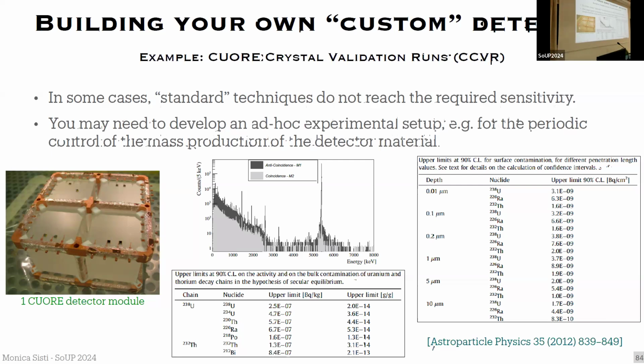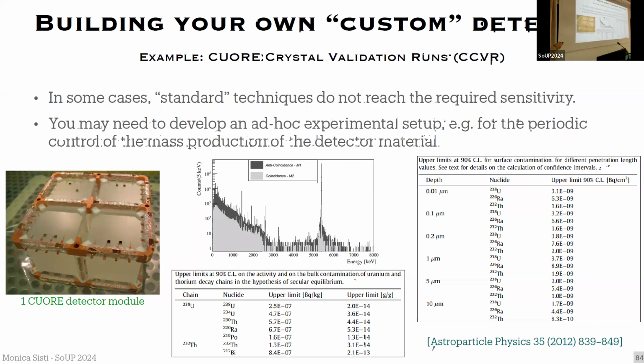We took some samples and measured them as if they were in the final detector, in the same mounting system and in a dedicated cryostat, to measure the surface radioactivity and the bulk radioactivity of the crystal. So this is one example.